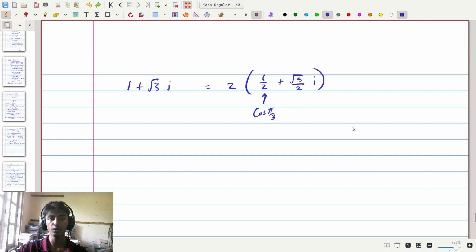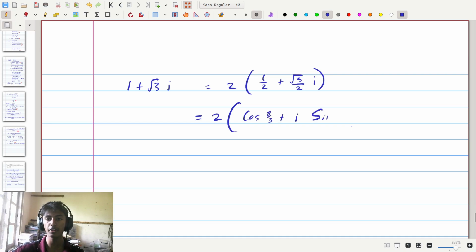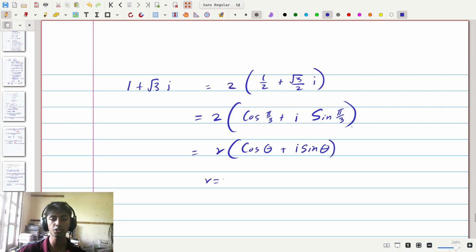So this is equal to 2 times cosine of pi by 3 plus I times sine of pi by 3, which is in the form of r times cosine of theta plus I sine of theta, where r is equal to 2 and theta is equal to pi by 3. So that's the first value.